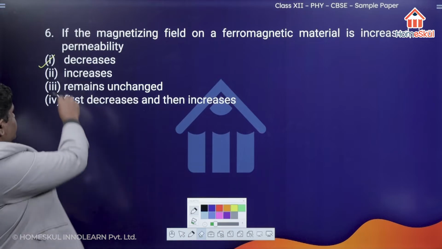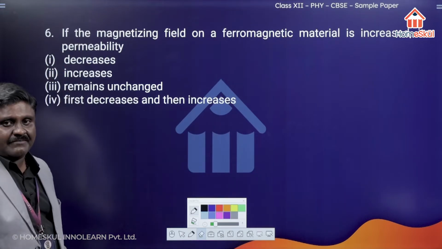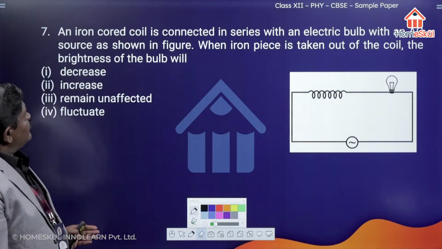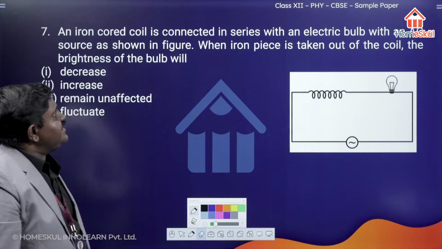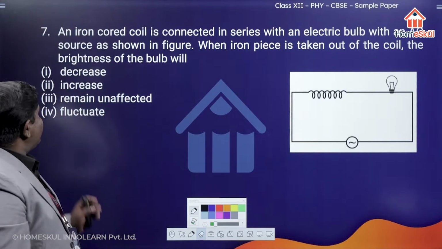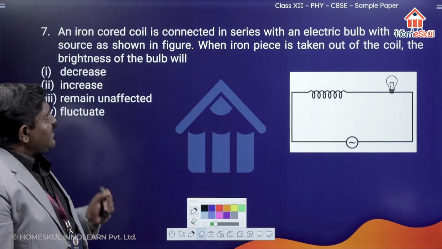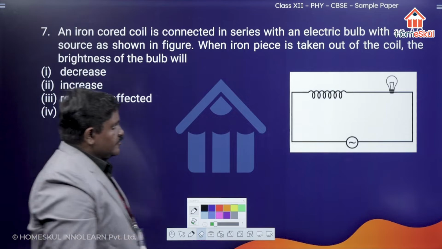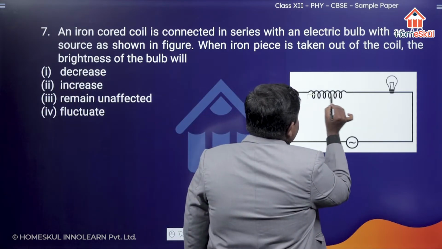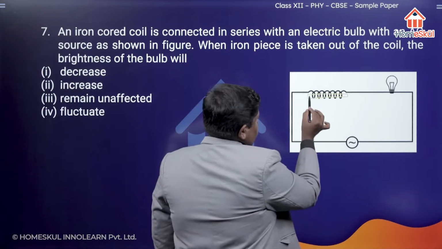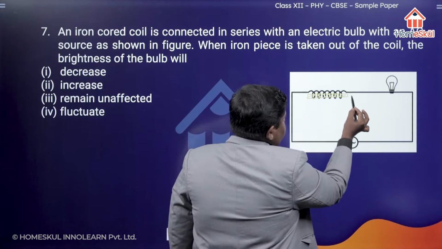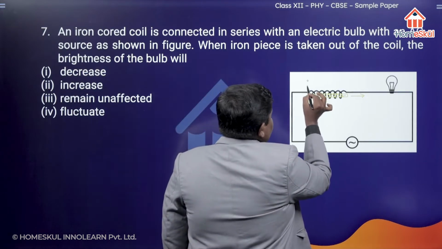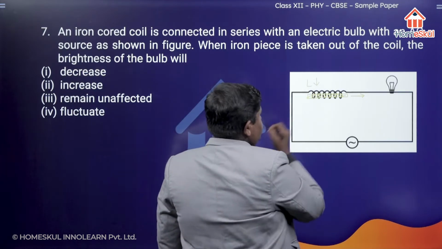So we are moving on to question number 7. An iron core coil is connected in series with an electric bulb with an AC source as shown in the figure. When the iron piece is taken out of the coil, the brightness of the bulb will be. Carefully listen. We are considering an iron rod here. If we pull it out, what happens? The inductance L will be decreased.